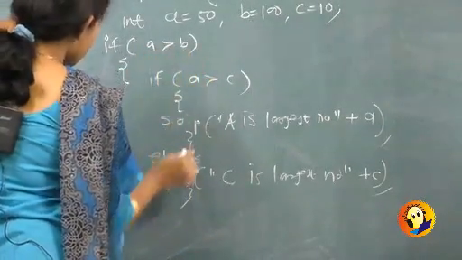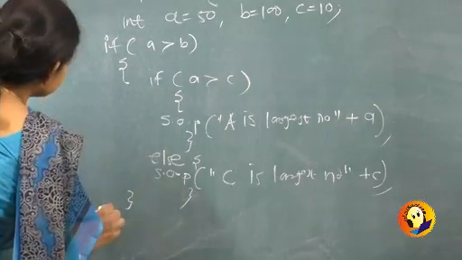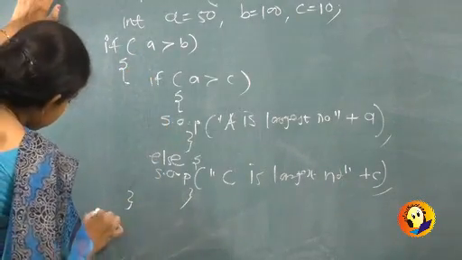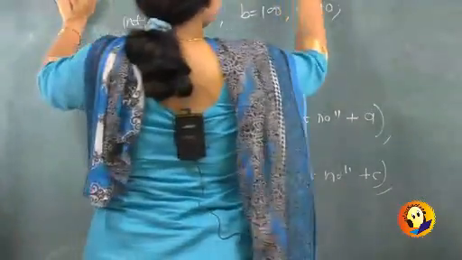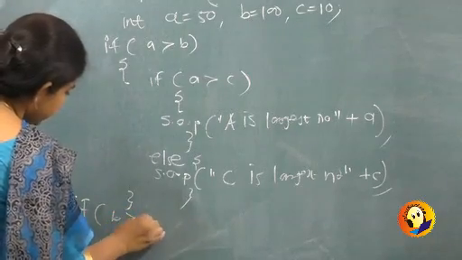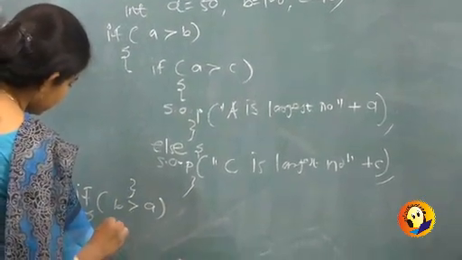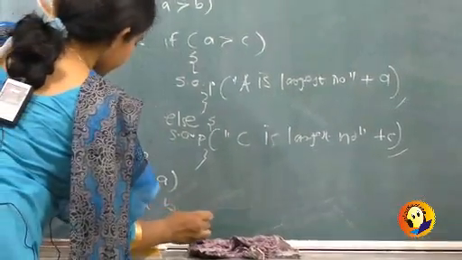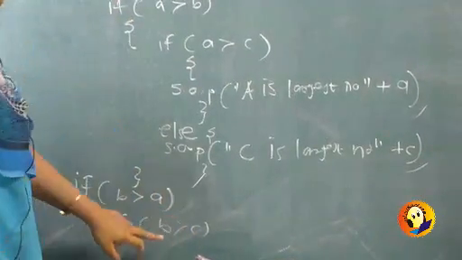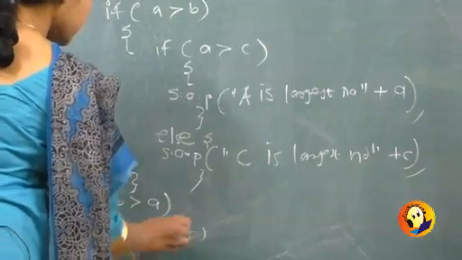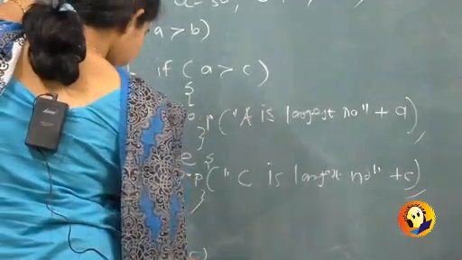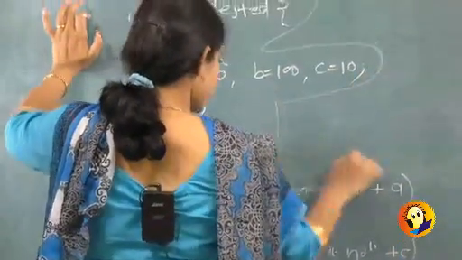So if this condition is not satisfied, if a is greater than b is not satisfied, then it will enter into another if block, that is, if b is greater than a and b is greater than c, then what you need to display?